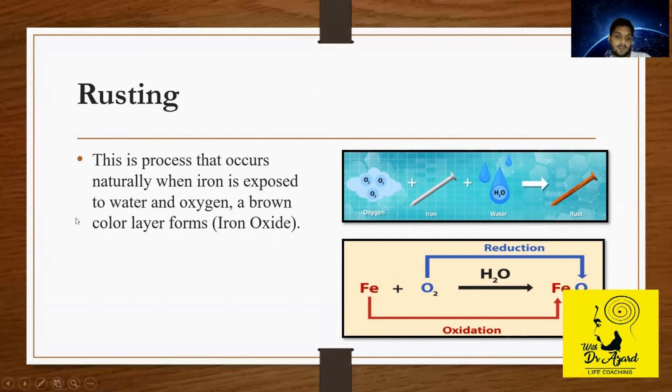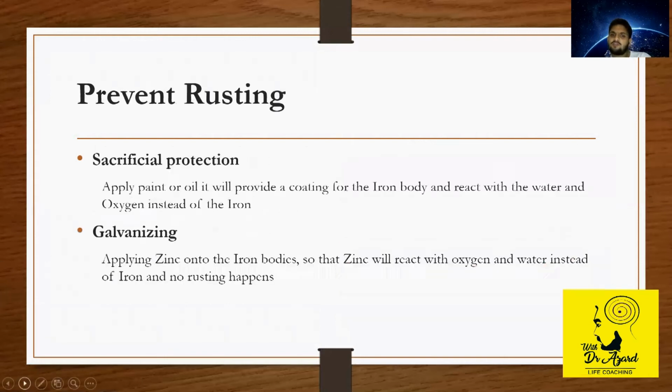All right. Can we completely stop rusting? No, we can't. But we can take measures that will prevent it. You can't put a full stop to it, but you can take certain measures to prolong the time a metal will take to rust.